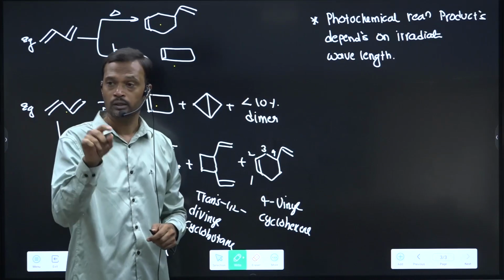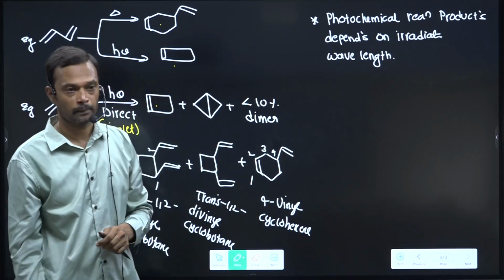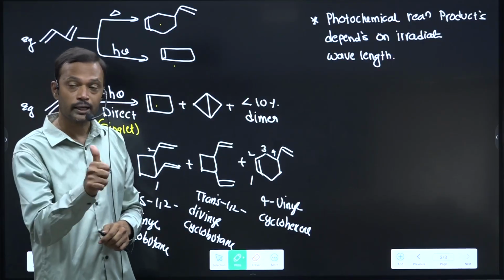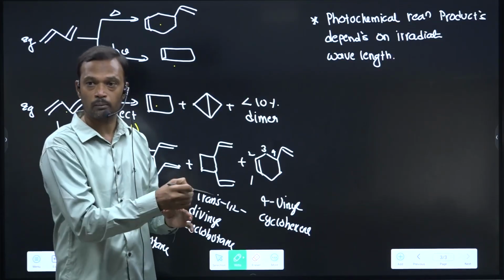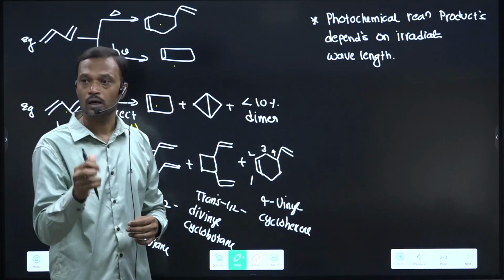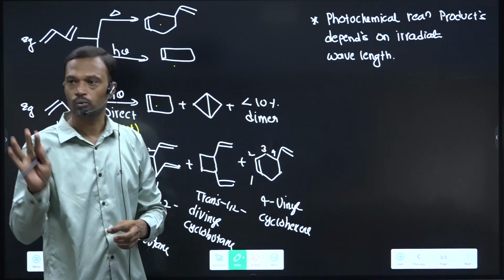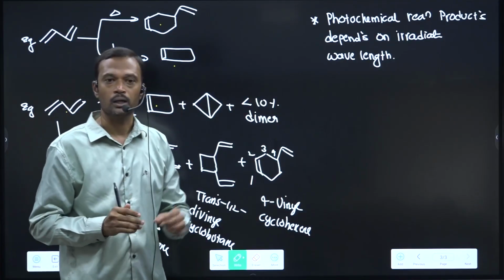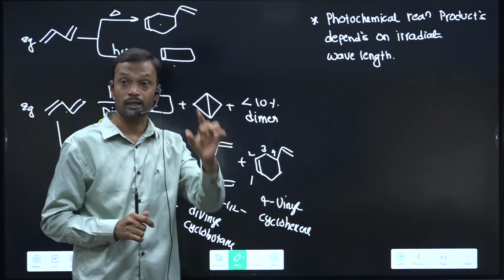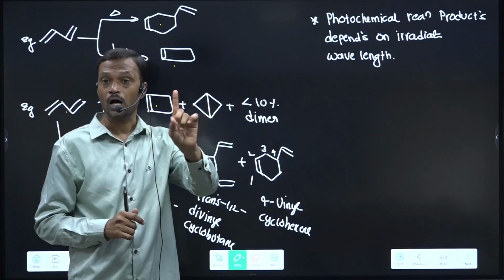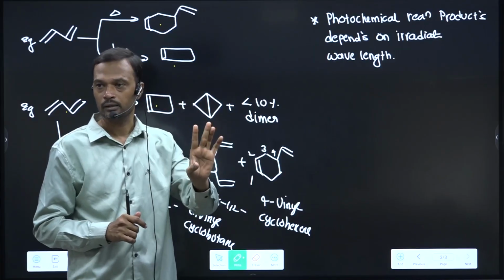This is a key point. They will ask this point in interviews many times. How to select lambda? They will ask whether all lambdas are possible or not. Say no. All lambdas are not possible. Specific lambdas are possible.